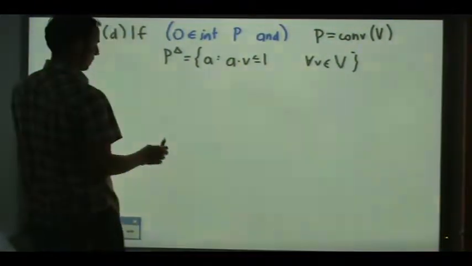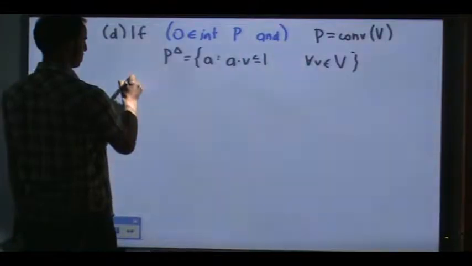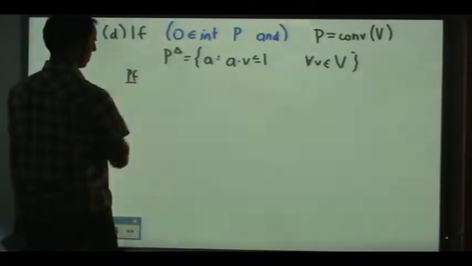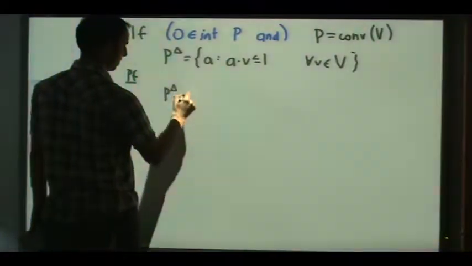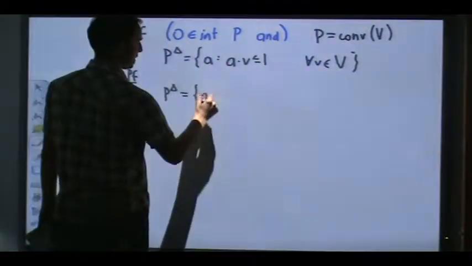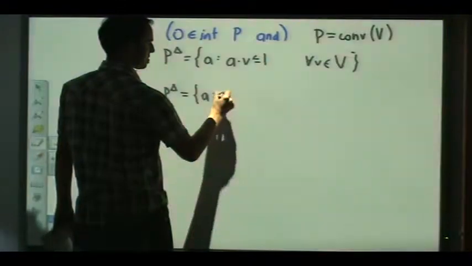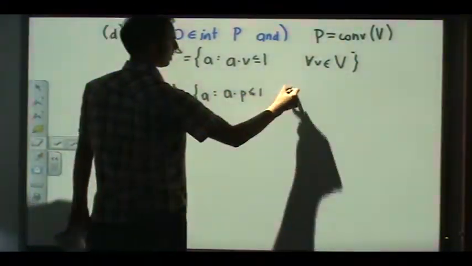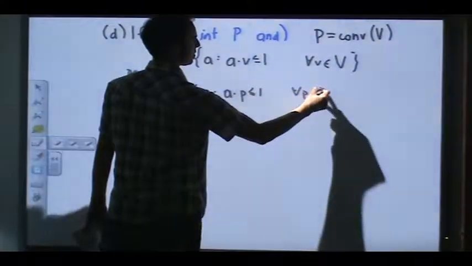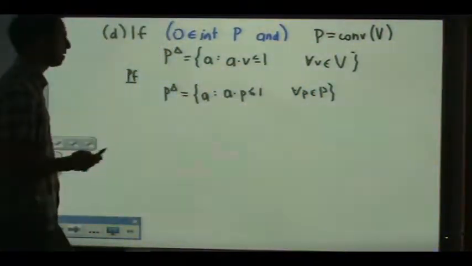Okay. So proof. Well, what is P dual by definition? It is the A such that A dot P is less than or equal to 1 for all P in the polytope.